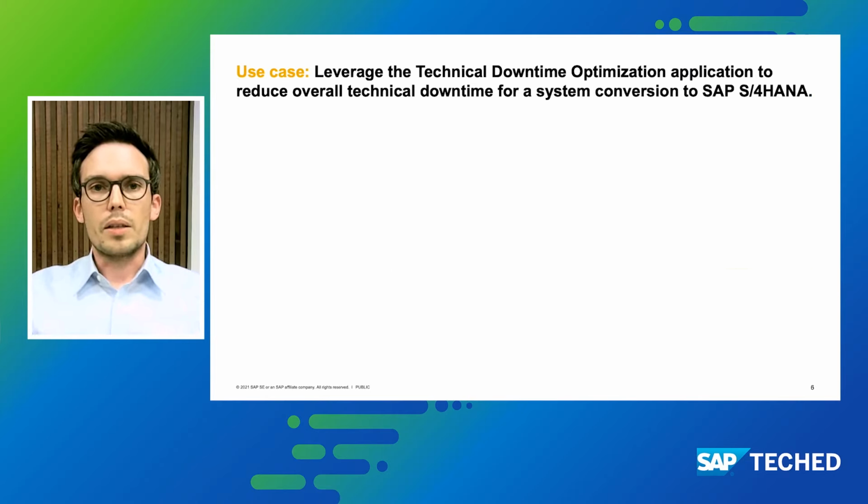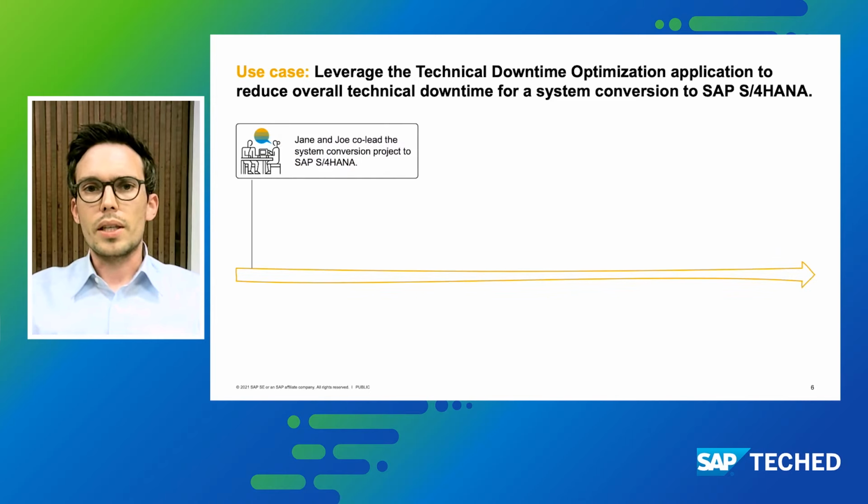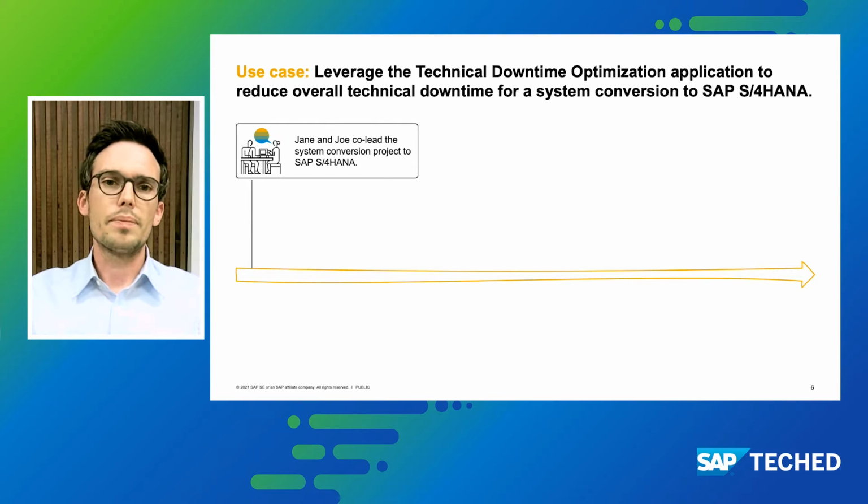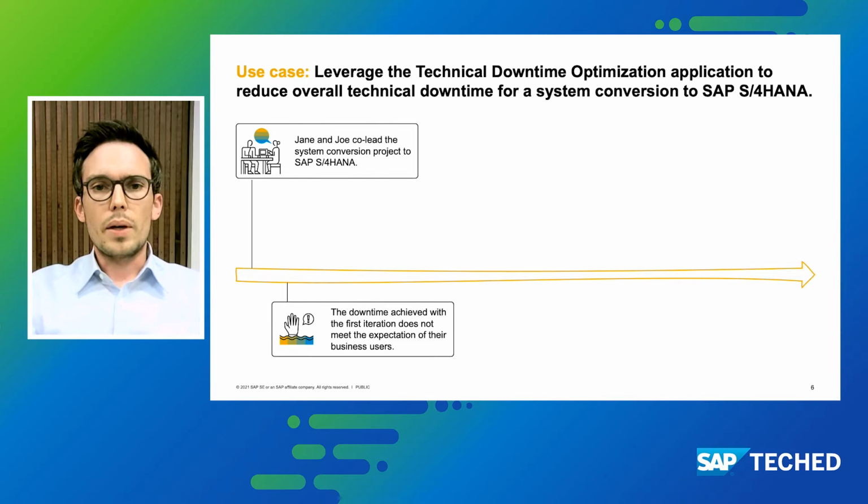Now, before we get started with the demo, let's take a look at a use case that will be explained during the demo. Jane and Joe are co-leading a system conversion project to SAP S/4HANA. They got quite tight timelines from their business, and after running the first iteration with a standard system conversion, they got feedback that this will not meet the timelines that they get from their business.